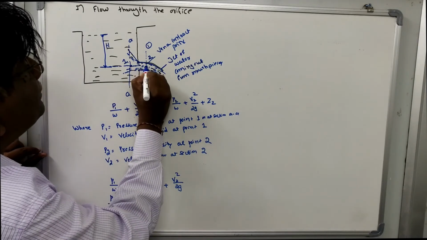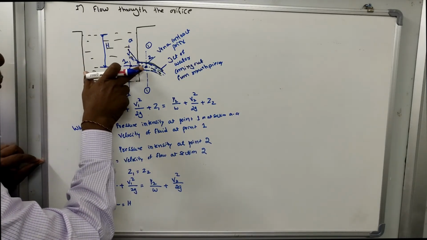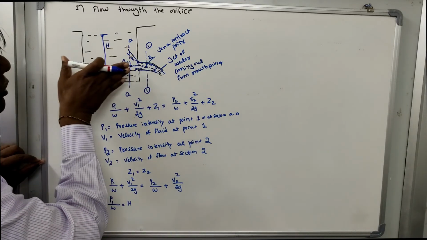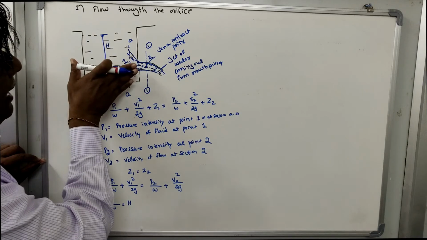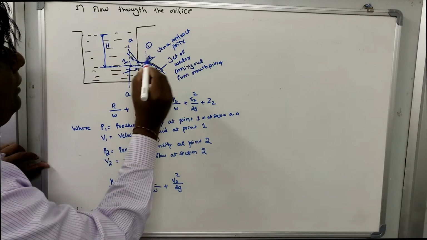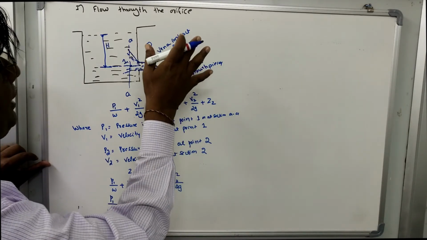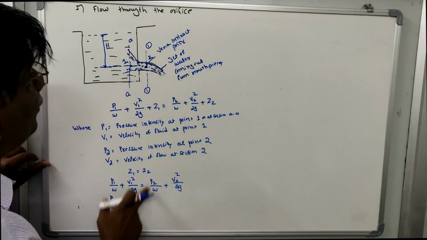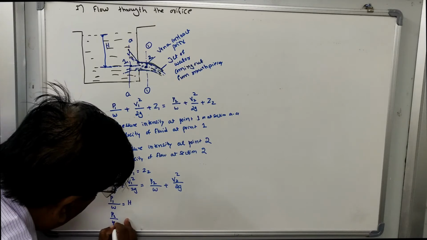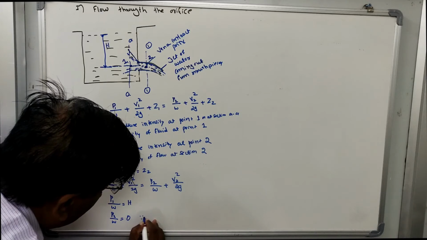The pressure head at point 1 is P1 by W, or H. Now let us see the pressure head at point 2. The fluid is coming out through the orifice from the tank, so the pressure there is atmospheric, and point 2 is exposed to the atmosphere. So the pressure head P2 by W at point 2 is 0.